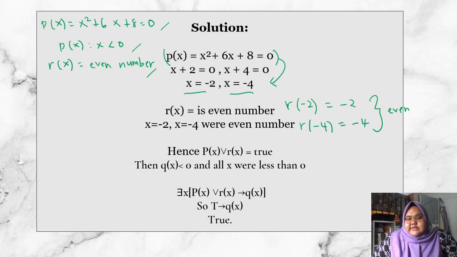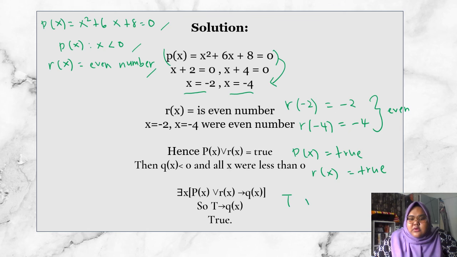Same for R(x), which is an even number: -2 and -4 are even numbers. So the Q(x) is true, and R(x) is true. When true or true, we get true. The answer of the question is true.